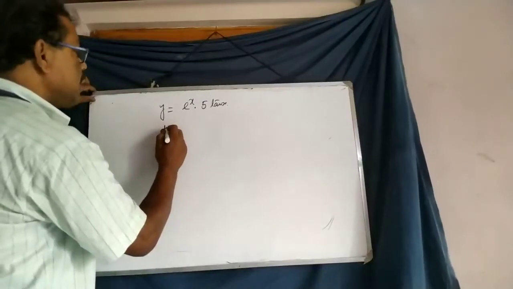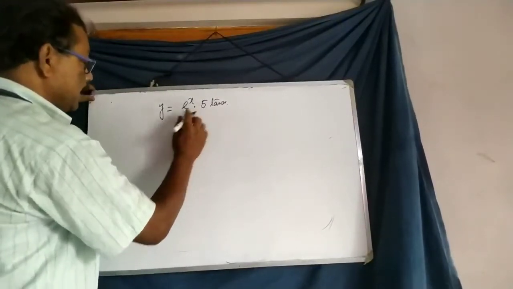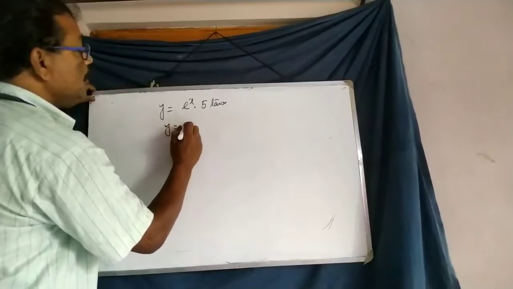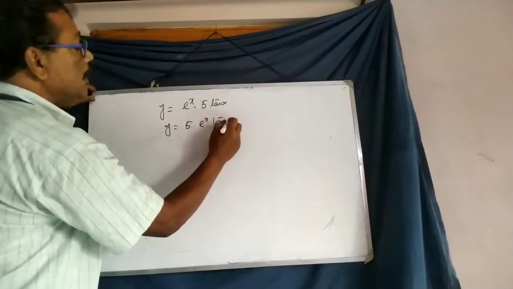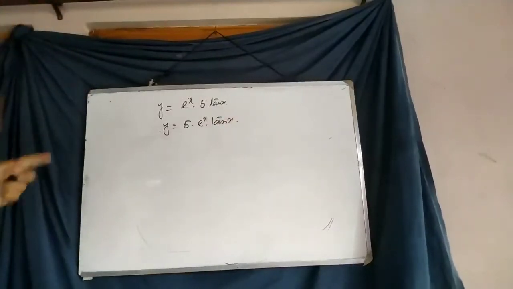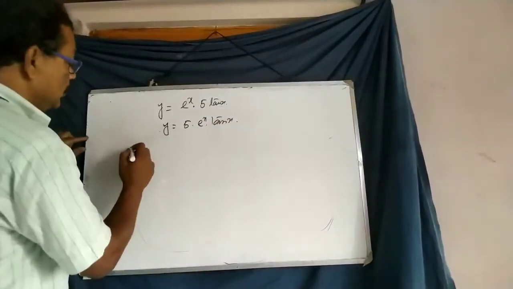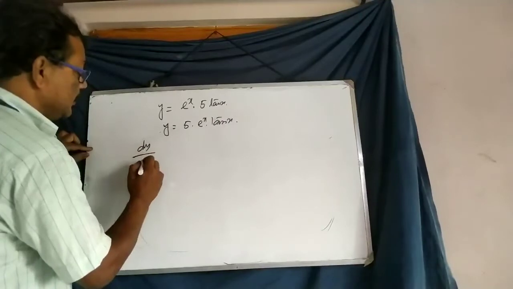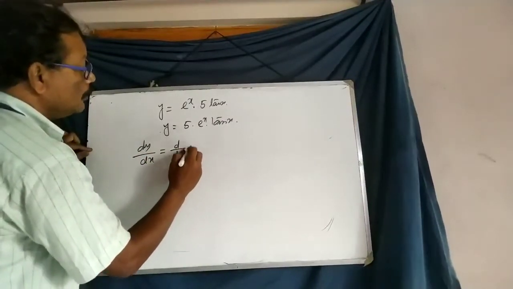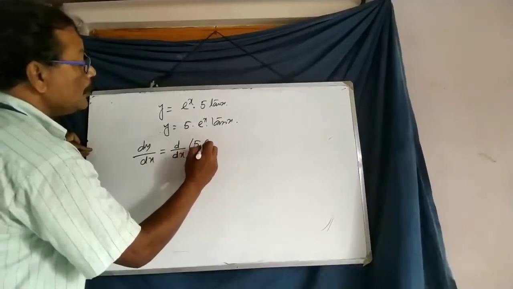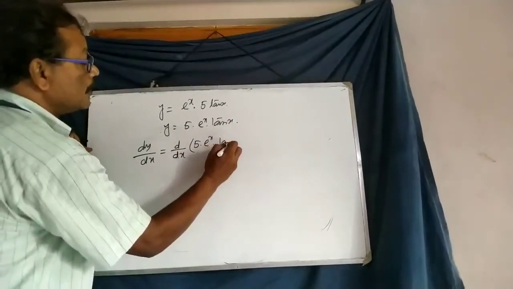First we separate 5 from the function. y is equal to 5 into e to the power x into tan x. Differentiating both sides with respect to x, we will get dy/dx at left hand side and d/dx of 5 into e to the power x into tan x at right hand side.